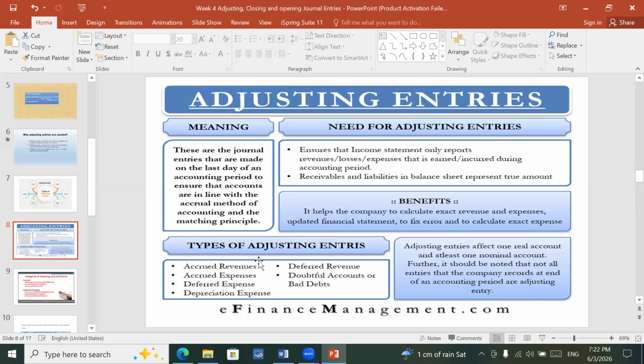You just try to understand these four categories: accrued income or revenue, accrued expense, deferred expense, deferred revenue. These are the four types of adjusting entries. So accrued revenue will be asset, accrued expense will be liabilities. Same, deferred expense will be asset, deferred revenue will be liabilities. You have to clearly understand these four criteria.